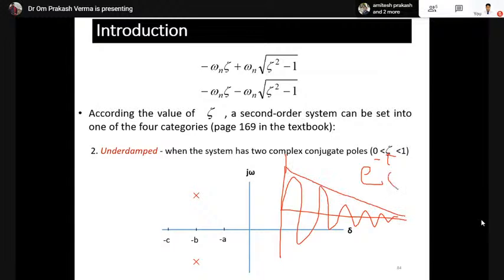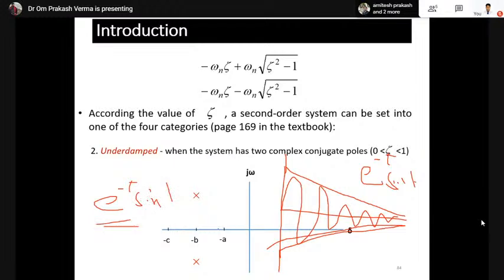And sin t is oscillatory in nature. So when both are combined, such a type of response will occur. So this is the e to the power minus t sin t type response.